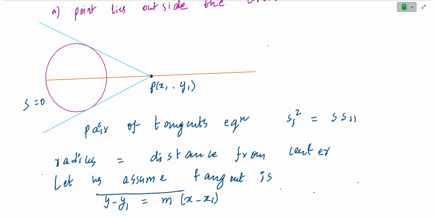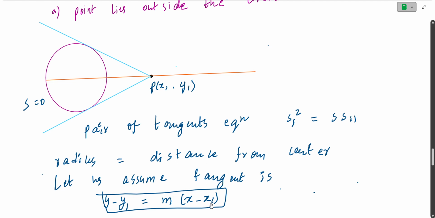So this is the equation of the straight line passing through the point x1 comma y1 and having the slope m. Okay. So now I know the value of x1 y1, so that will be given.